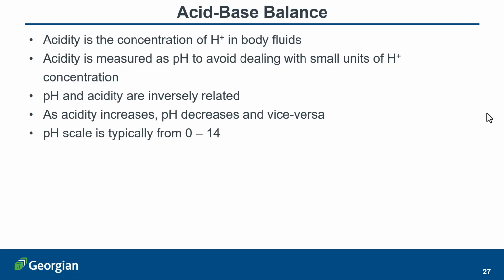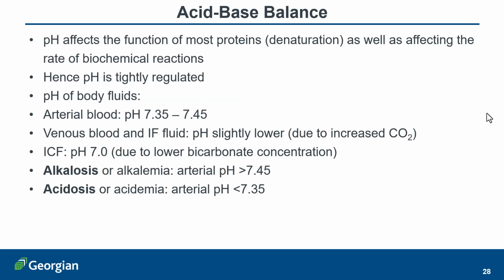The pH scale is typically from 0 to 14, although you can go below 0 and above 14. However, in terms of the bodily fluids that we'll be discussing, specifically blood, it's around 7.35 to 7.45. That's the pH range of blood. From A&P1, we also know that pH affects the functions of most proteins in terms of denaturation. When pH changes dramatically, many proteins become denatured.